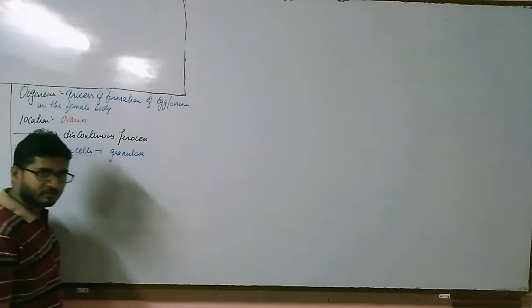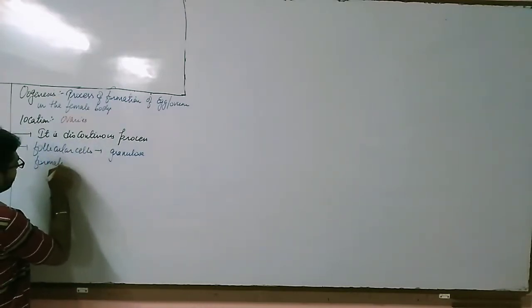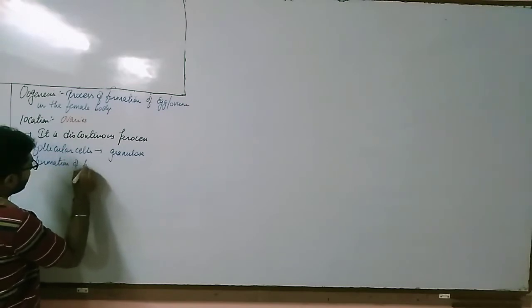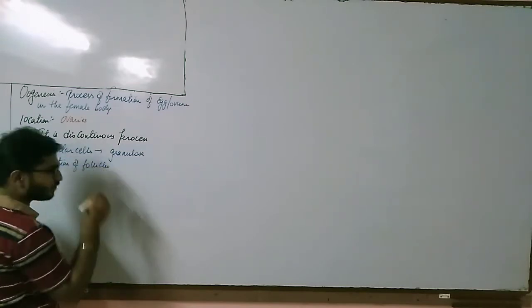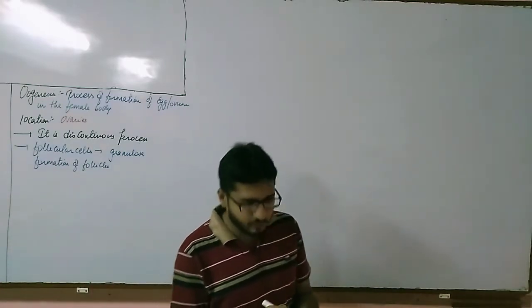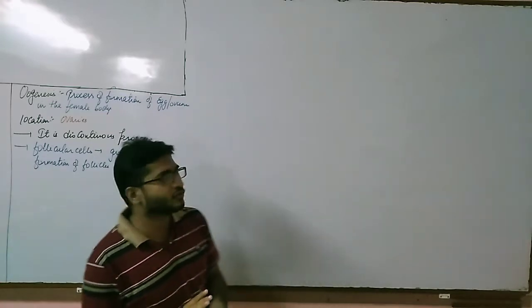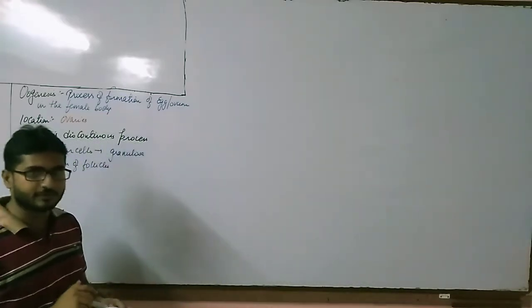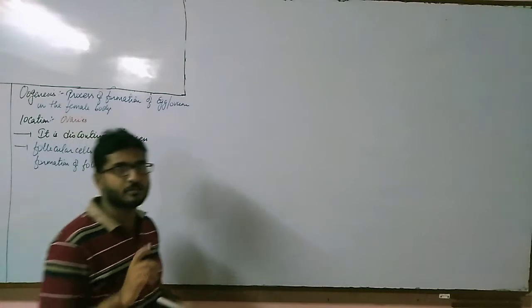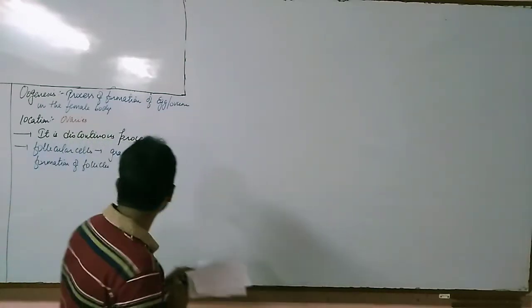These cells are responsible for the formation of follicles, like primary follicle, secondary follicle, tertiary follicle. The tertiary follicle will undergo certain changes to form a Graafian follicle, which we call a mature follicle. And this Graafian follicle consists of the secondary oocyte. Right?